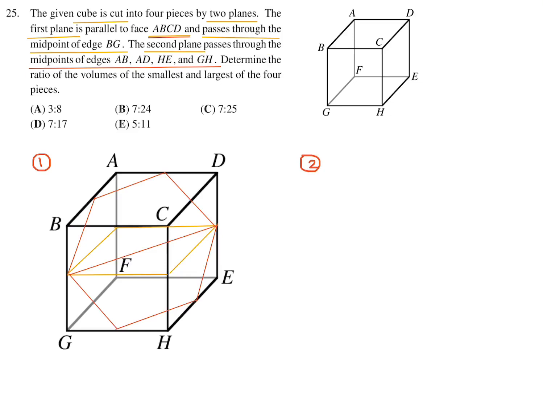If you were to take a side view of this cube, just looking at the side, and this cut was being made all the way down like this. This cut, that's the first plane, and this is the other plane. This plane, of course, I drew in orange, so I'll draw it in orange over here, like that. There you go.